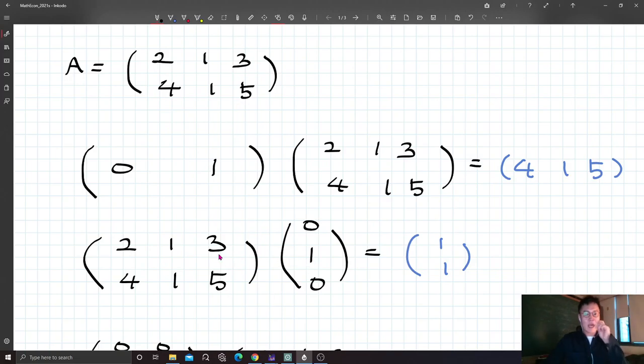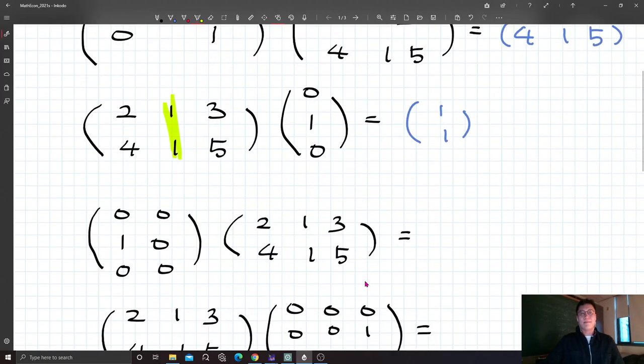Then we have to take one column, but this is the second unit vector, so we have to take the second column of matrix A. So the product becomes 1 and 1, right?